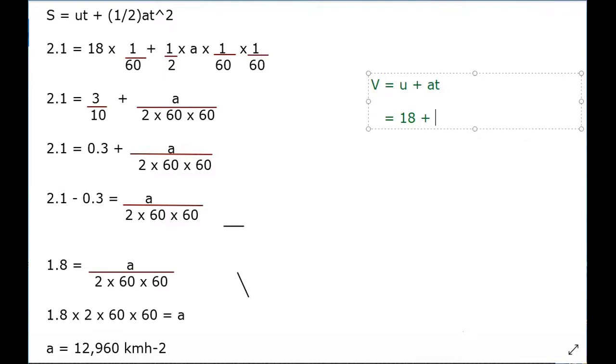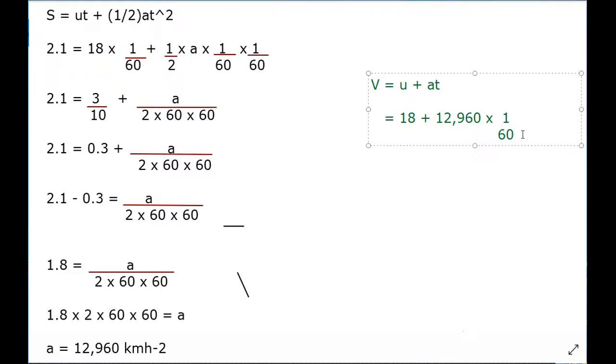Acceleration we have found. My God, it's a very huge acceleration, 12,960. Into time taken, how many hours? 1 over 60.